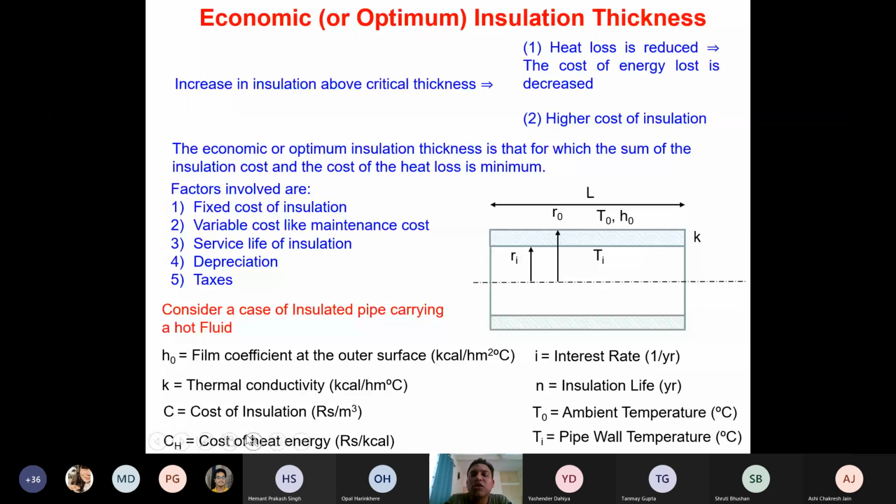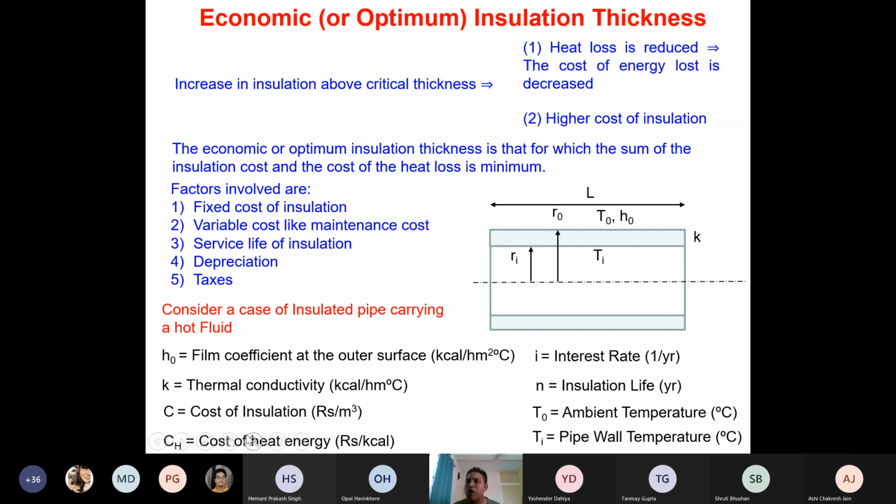The next concept which we looked at is the optimum insulation thickness. By this time we have seen the critical insulation thickness, then we extended our analysis further. Beyond the critical insulation thickness, as I increase the thickness of the insulation, my heat transfer rate is going to decrease, but I cannot go ahead with very large insulation thickness, because that is going to incur cost, isn't it?